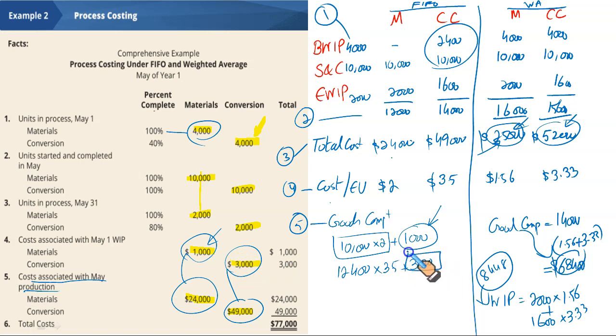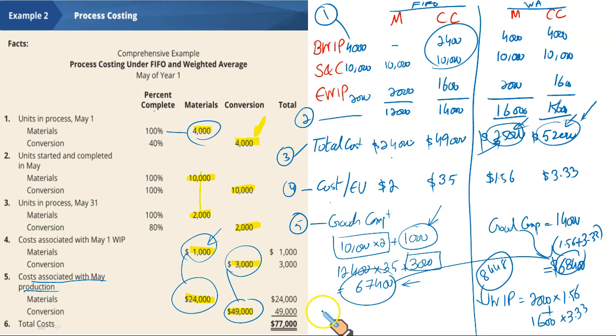This 3,000 which we are adding here was already included here in the weighted average method. Now if you calculate all this, it will give you the value of goods completed and transferred to the next department. It comes out to be 67,400, which is somewhat similar to this cost, but this is much more relevant because it considers the current cost separately from the previous cost. It's good for cost controlling purposes.